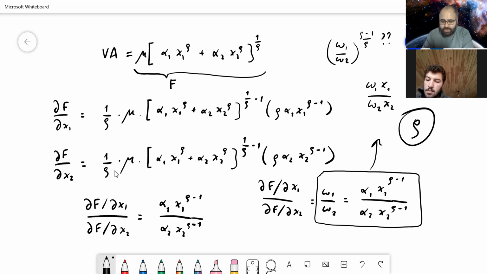And in most applications, we assume that alpha 1 and alpha 2 sum to 1. Then, after assuming a particular value of rho, let's say rho is equal to minus 0.5, this is just a value. You can assume any value here.